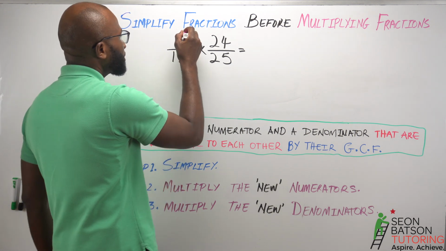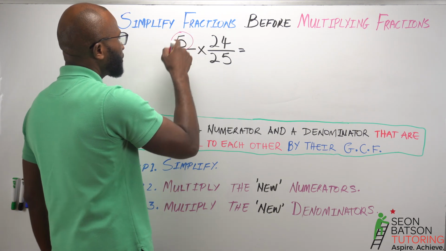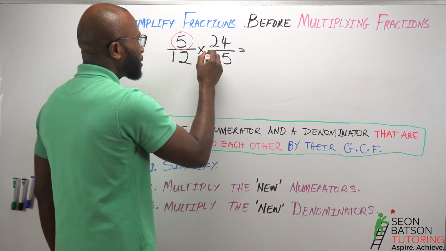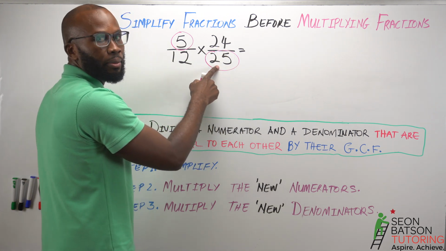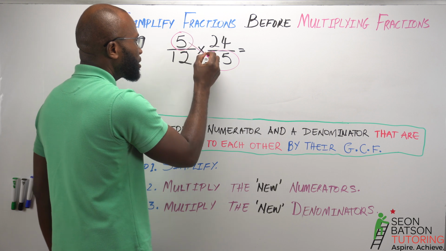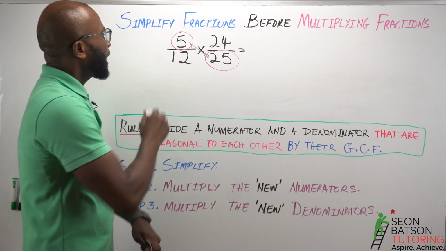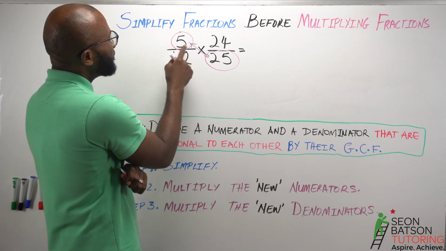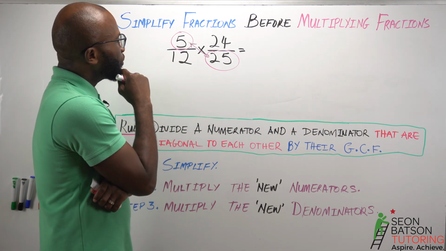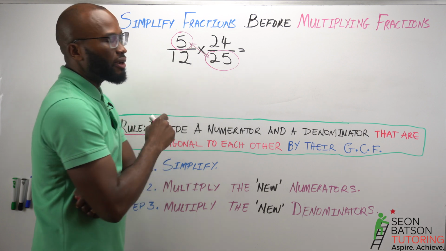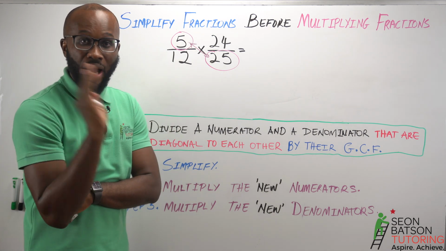So let's start with the 5, which is a numerator, and the 25, which is a denominator. And we can simplify these two because they are diagonal to each other.